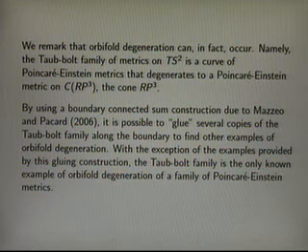And once you have this, you can use a construction due to Mazzeo and Pacard.